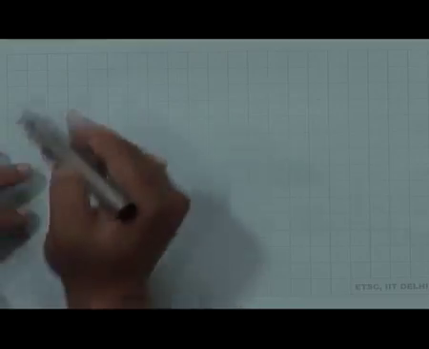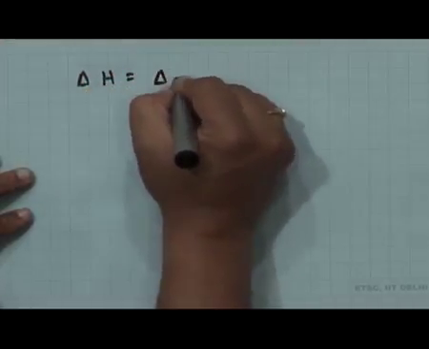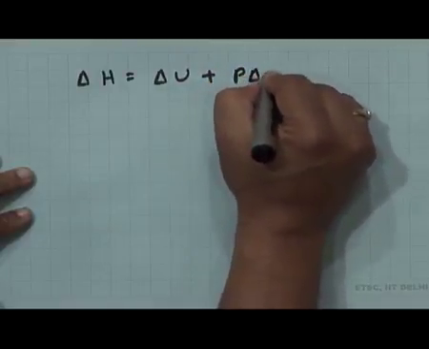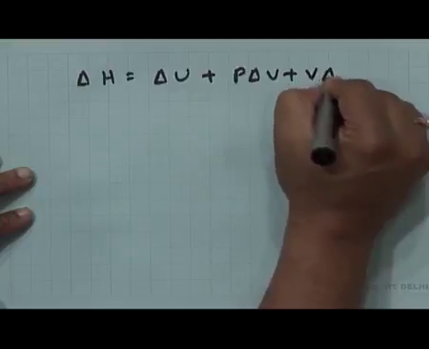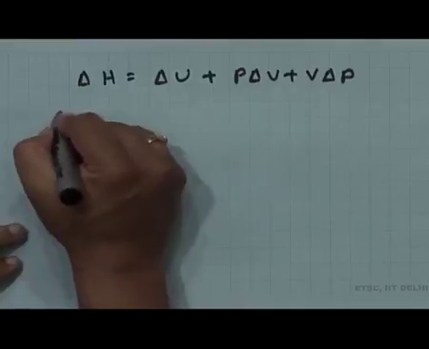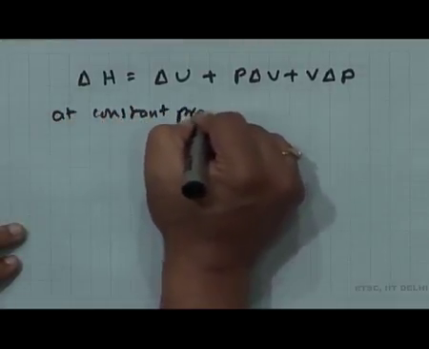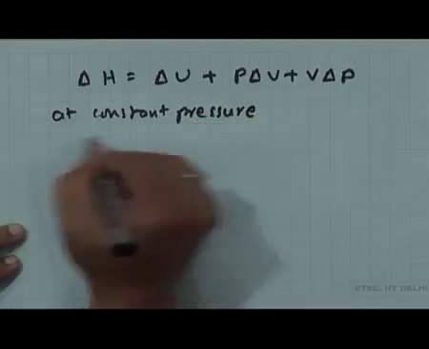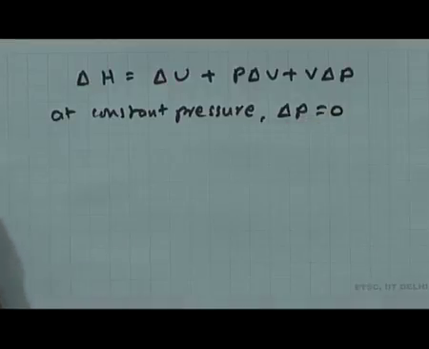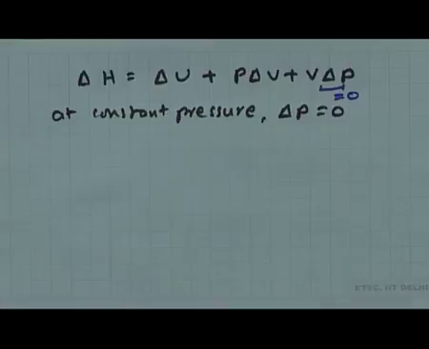I can write again delta H is equal to delta U plus P delta V plus V delta P. Now at constant pressure, delta P is equal to 0, which means this term is equal to 0.